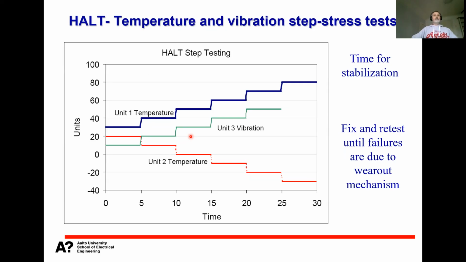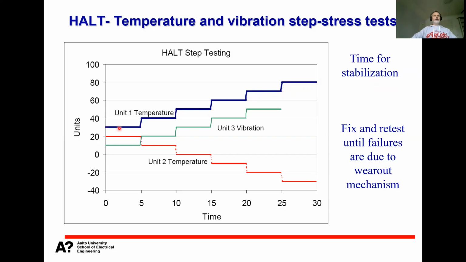So you start from the room temperature, you start going upwards. First you have 25, 30 degrees, then you increase the temperature by, let's say, 10 degrees. You use 40, 50, 60, 70, 80, and so on.